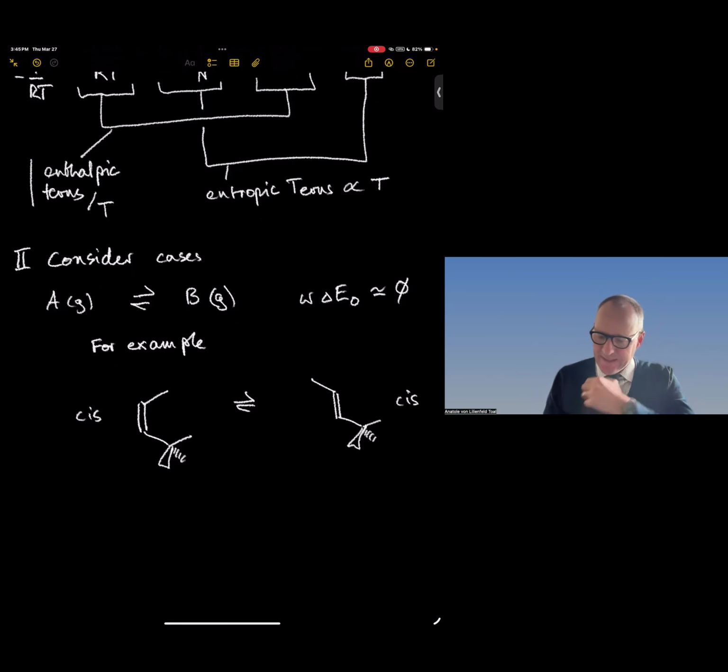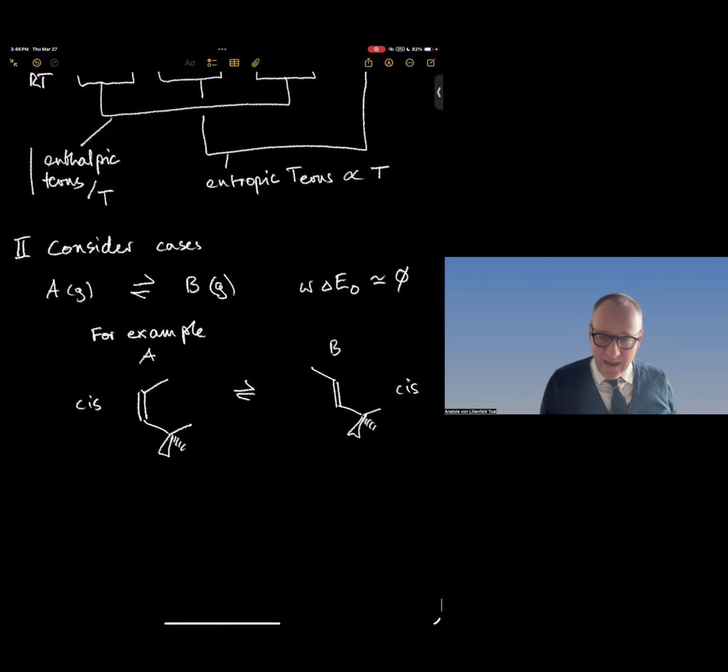These two species have roughly the same enthalpy. If you started to count the bonds in the two isomers, same number of covalent bonds, same types of covalent bonds, hardly any difference. So this could be our species A, species B. However, the conformational flexibility in these two species is very different.